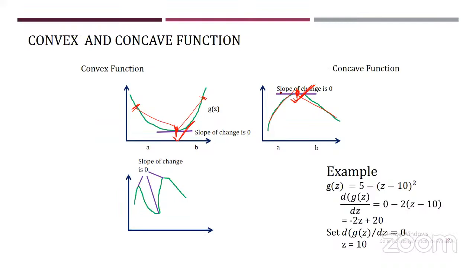Now the line which you are able to see here is basically defining the slope of change. The slope of change is going to be 0 where you are having the minimum or maximum value. If you calculate the derivative at this position, it's going to be 0. And here in this case, if you calculate the derivative at this point, it is going to be 0.